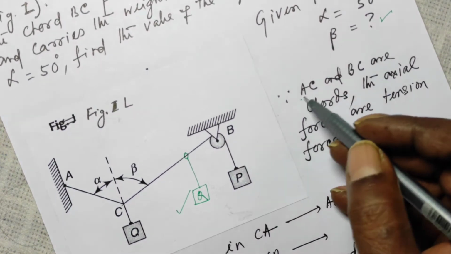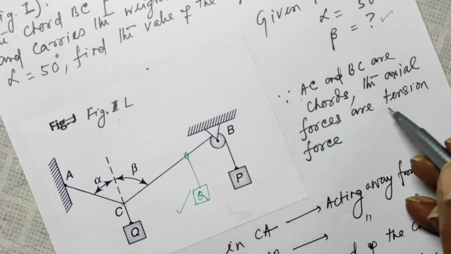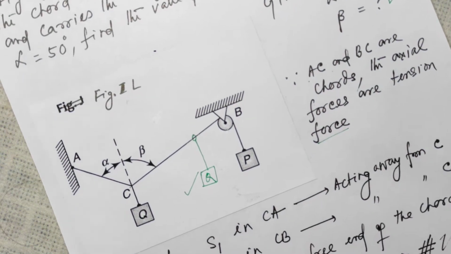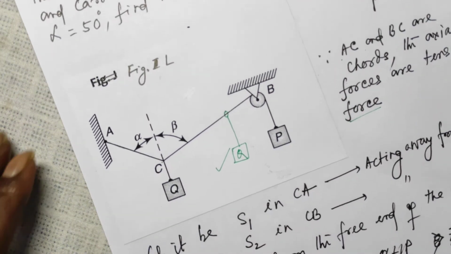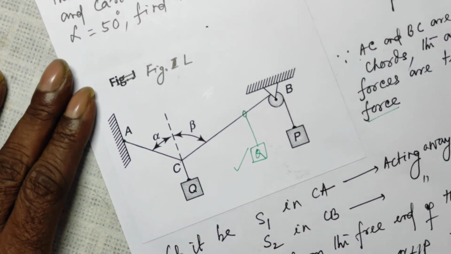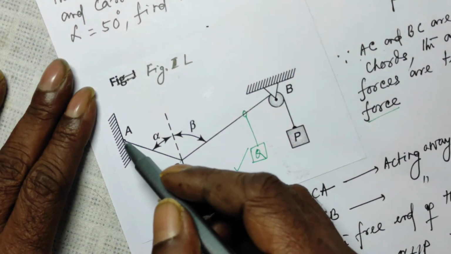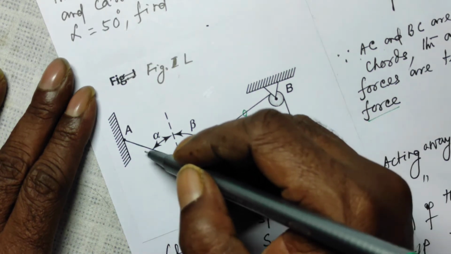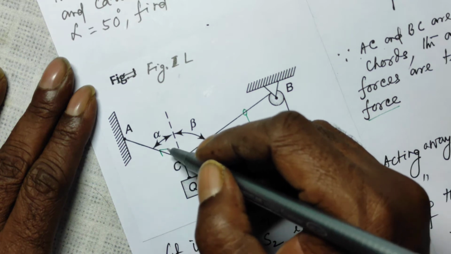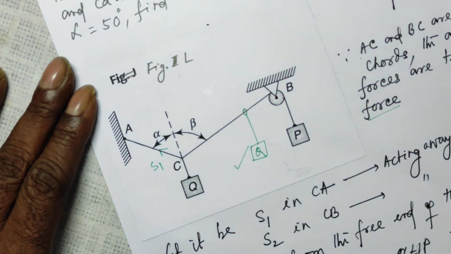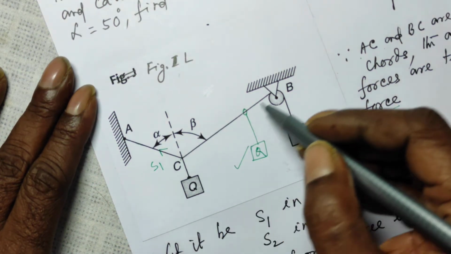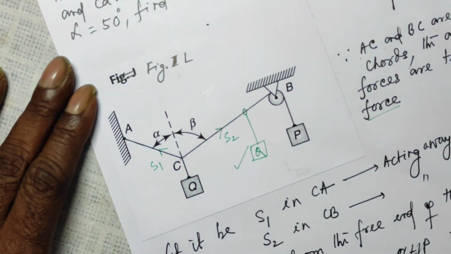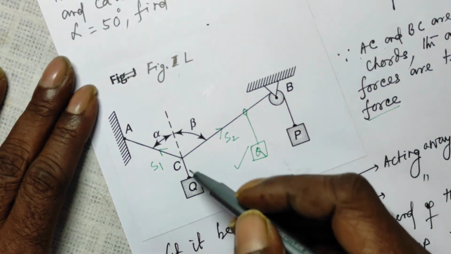Since AC and BC are cords, the axial forces are tension forces and will be acting away from the point C. Now look, let in the cord AC the axial force, the tension force, be S1, and in the cord BC it be S2.